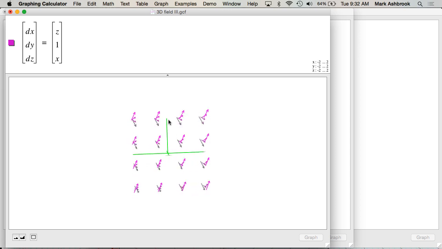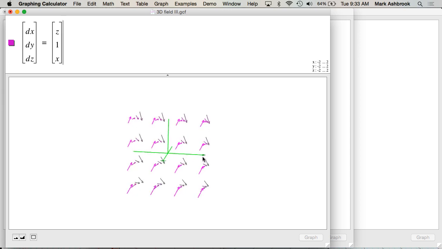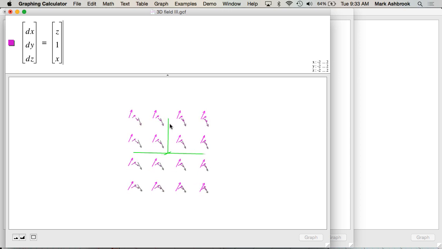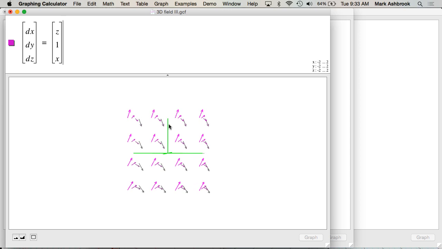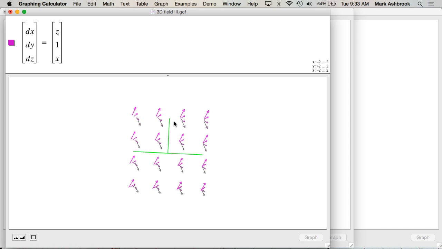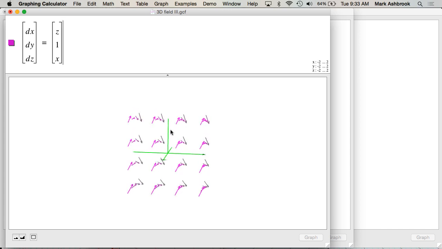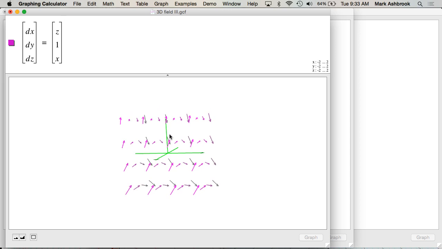So how much x changes, the x component of each of these vectors, is that. I'm not seeing that. Oh, right. I'm thinking to the right is x.